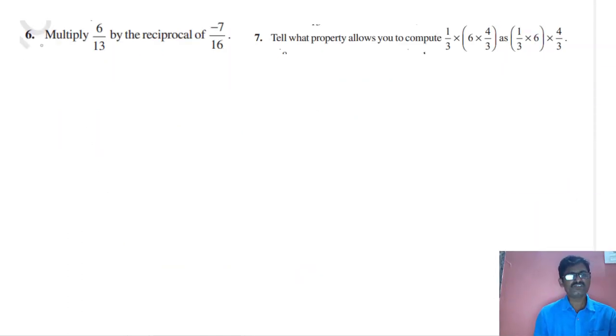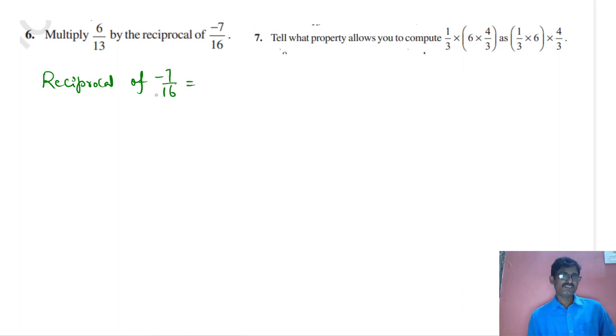Sixth problem, if we see, multiply 6 by 13 by reciprocal of negative 7 by 16. First let us write reciprocal of negative 7 by 16 equal to, reciprocal means this is nothing but multiplicative inverse. So we can write this one as 16 by negative 7, or we can write this one as negative 16 by 7.